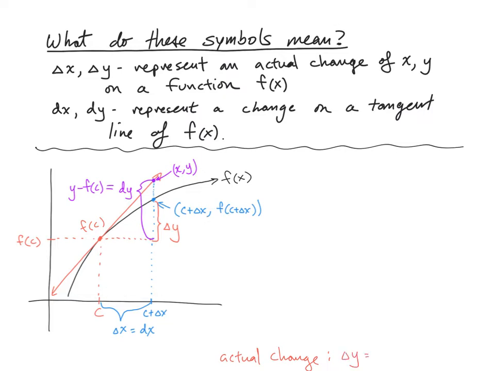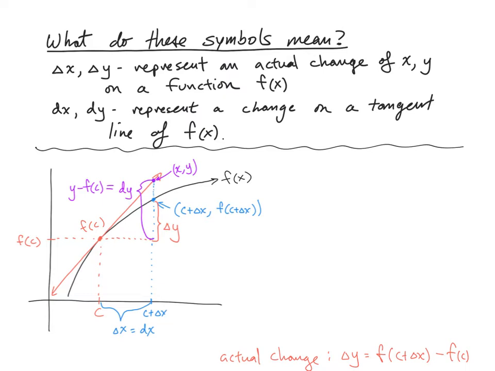Delta y will equal f of c plus delta x minus f of c. And this starts to look like how you find the slope of a tangent line using the limit definition. Remember doing that? All right. So again, this just represents vertical distance.